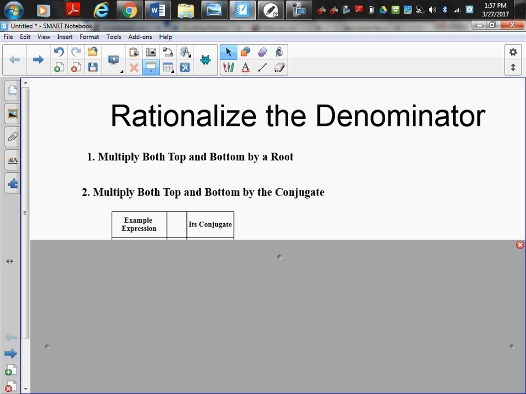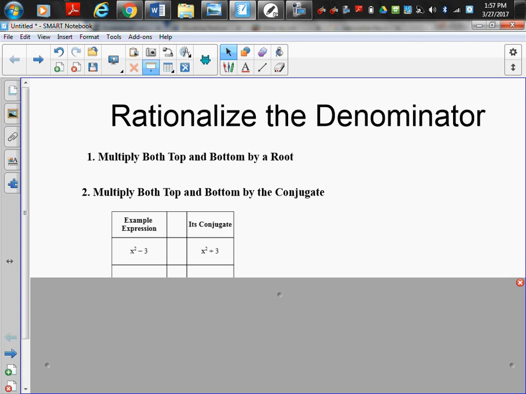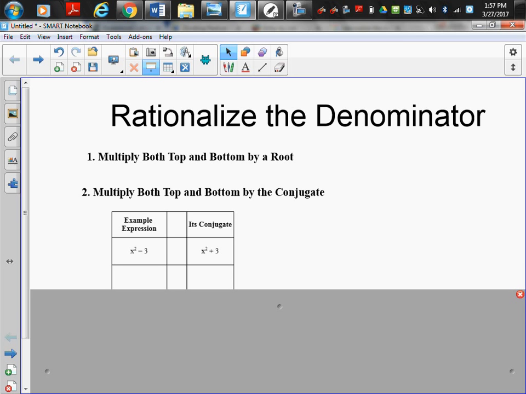Now, what's a conjugate? So, x squared minus 3 is my first expression. The conjugate is x squared plus 3. So if I give you x squared minus 3, the conjugate is x squared plus 3.